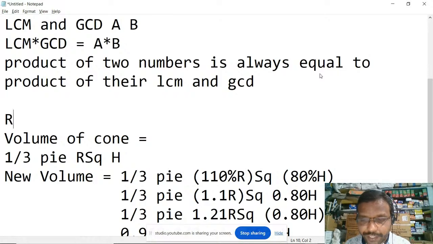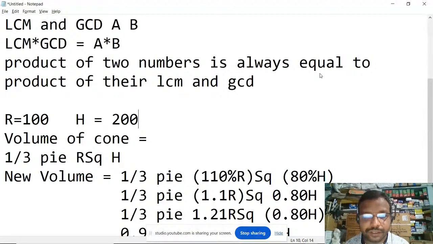I want to take r is 100, h is something like 200. So 1 by 3 pi r square h, it is better to take smaller numbers so the calculation should be easier.